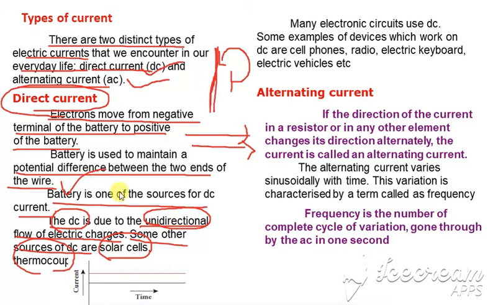First one is battery, next is solar cells and thermocouple. We also use many electric circuits which use DC. Some examples of devices are cell phones, radio, electric keyboard, and electric vehicles.